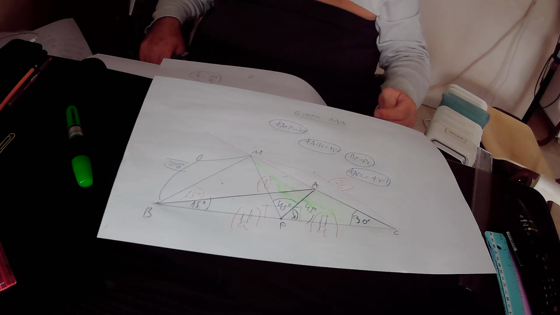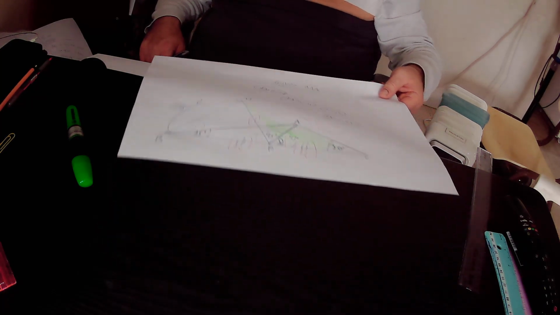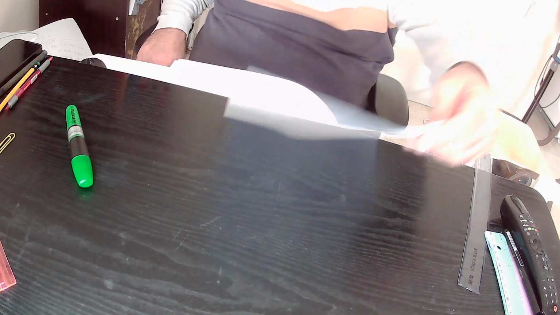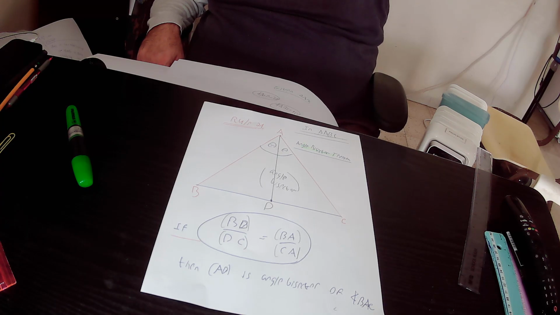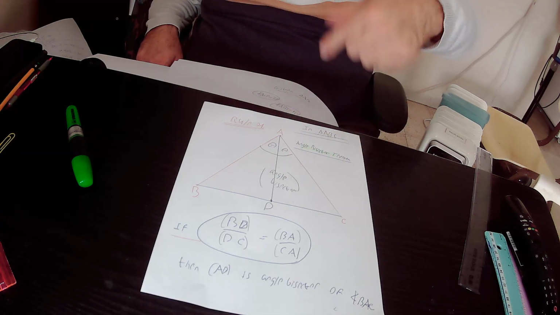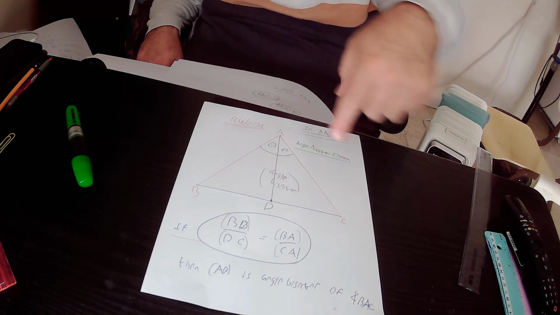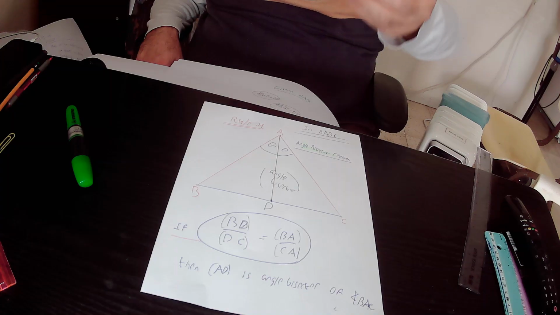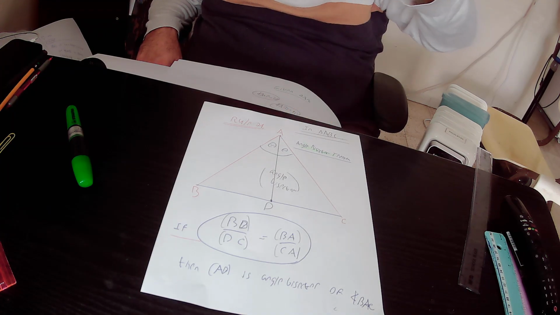Let's quickly review rule 21, the opposite direction of rule 19. This is triangle ABC. If we know that the sides of triangle ABC are proportional, that is, BD over DC equals AB over AC, then we derive that AD is the angle bisector of triangle ABC.